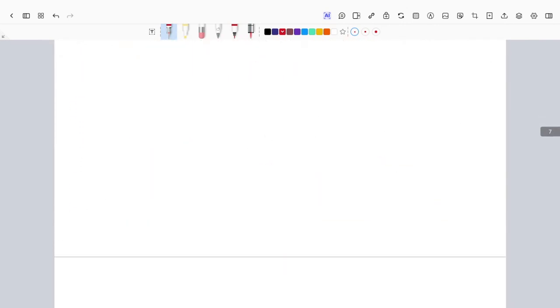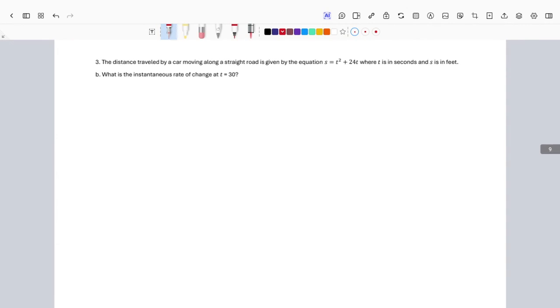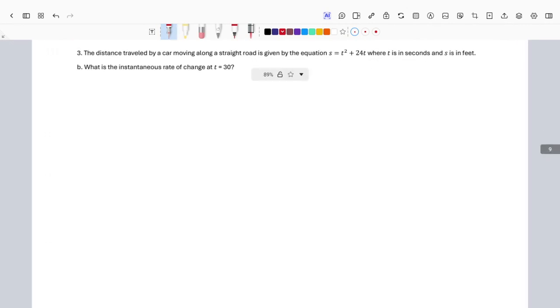And now let us move on to number 3, which is the distance traveled. We need to solve for the instantaneous rate of change here. For this problem, we need the instantaneous rate of change of our equation here.